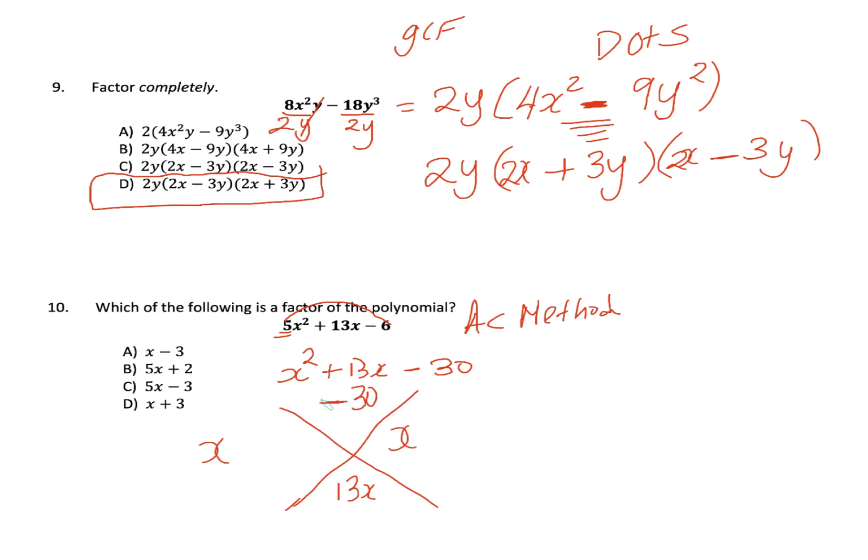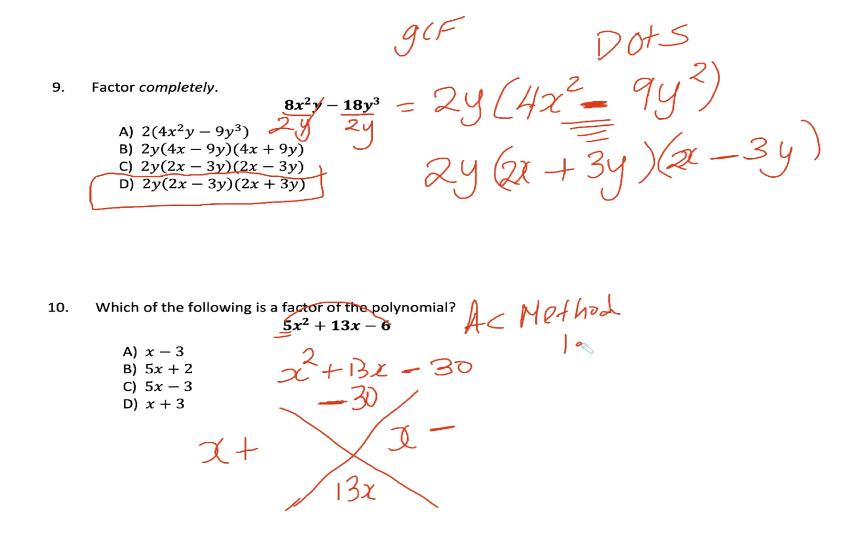Now, the only way you can have a negative product is if you multiply a positive times a negative. I'm looking for two numbers that when I multiply them, I get 30, but when I subtract them, I get 13. To get 30, I always say, start with the smallest and go to the largest.